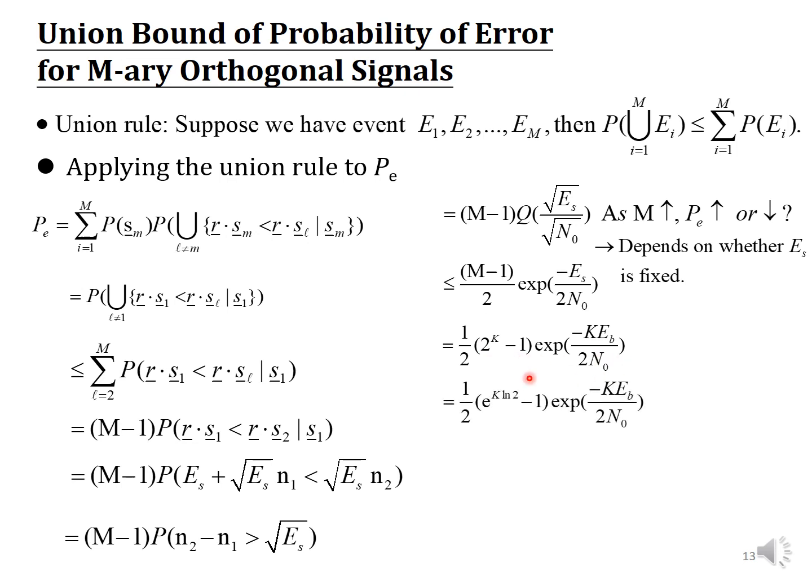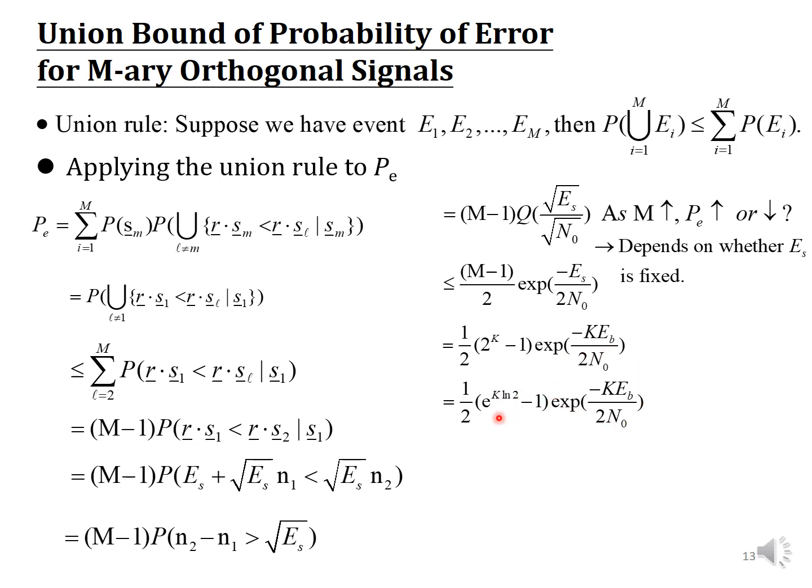Then this is exponential, and this is 2 to the k. Let's change all the bases to the natural base exponential. So 2 to the k is equal to exponential of k ln2, minus 1, and this is the same.